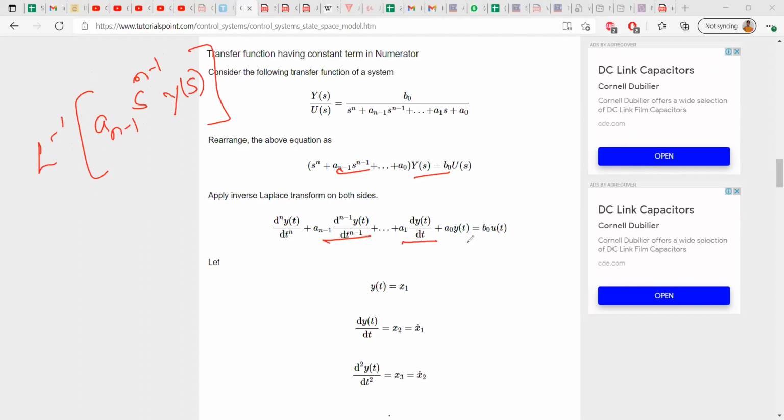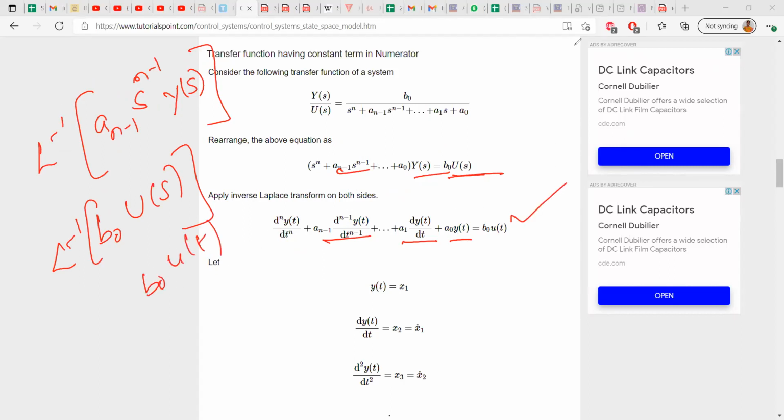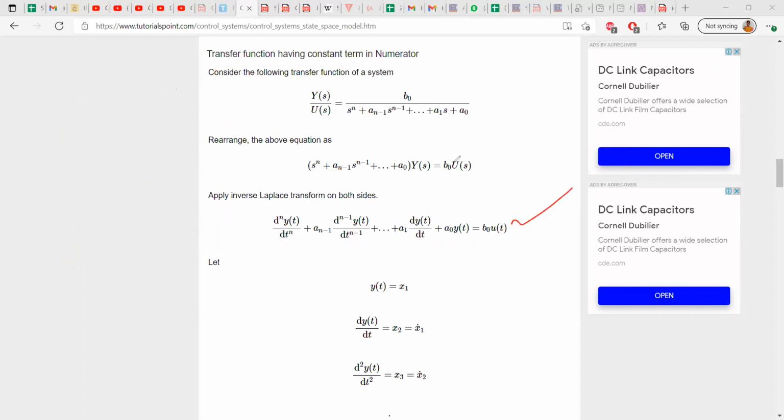So a1 dy by dt, a0 y of t, and for this one, if you apply inverse, L inverse of b naught u of s, you are getting b naught u of t. So completed. Right. This is very important.